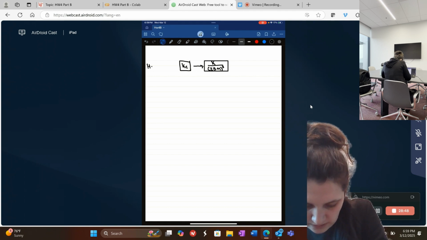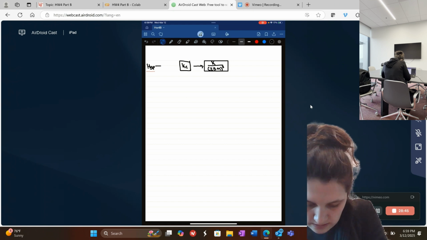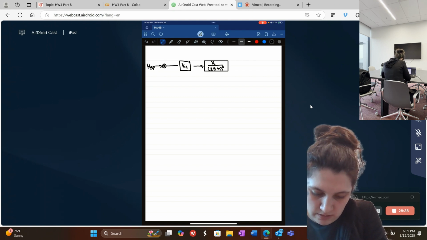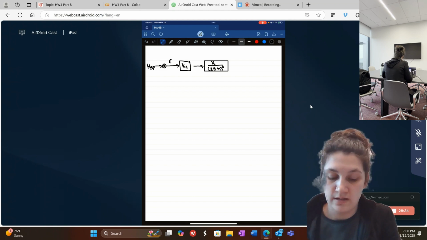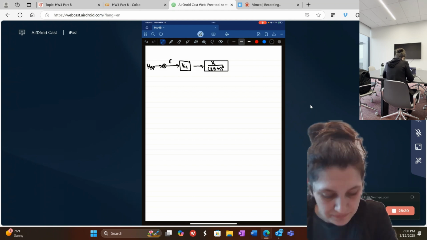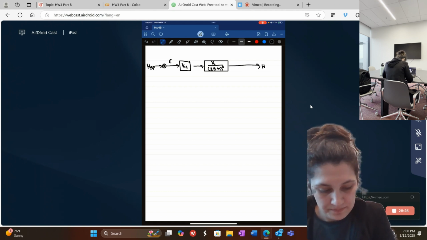At the beginning, we're going to set the height at some set point here. And then there's going to be some error between that and our actual height. That's going to be fed into the controller. On this other side, we have our output, which is just our height.